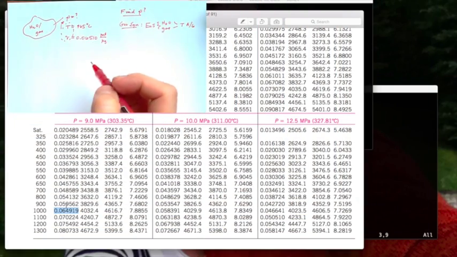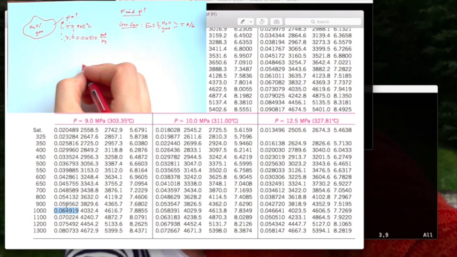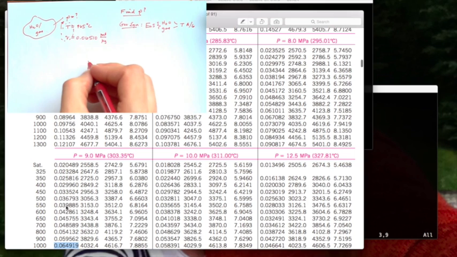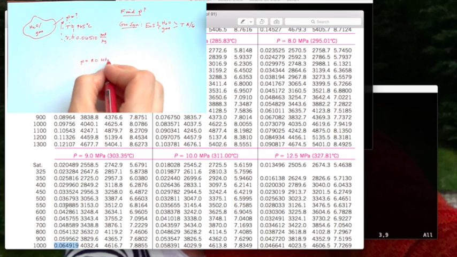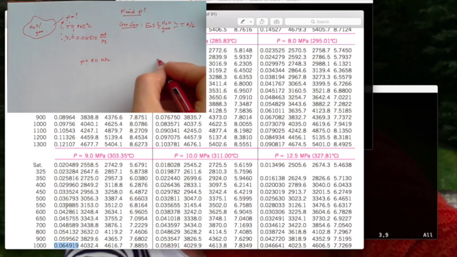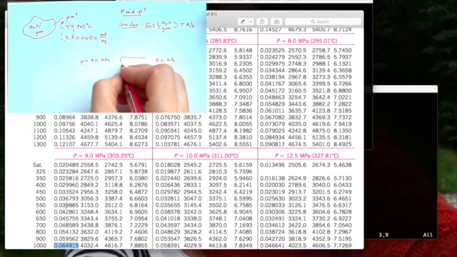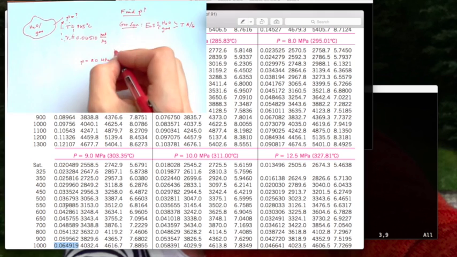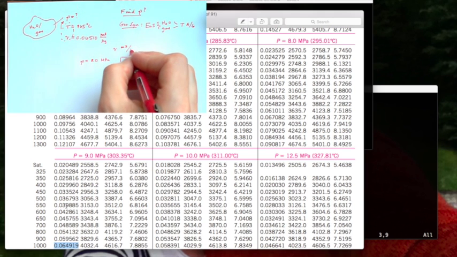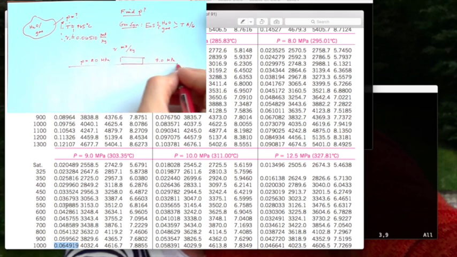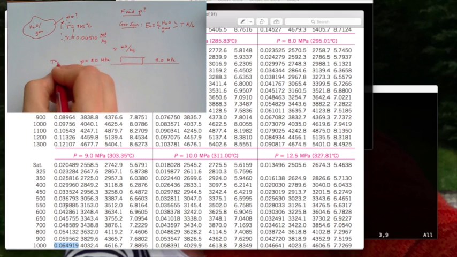So let's make a table to make this very clear. We would have pressure data at 8 megapascals, and then also pressure data at 9 megapascals, and we don't know the pressure that we're at. It's an unknown. What we do have are specific volumes given to us, and we've got some temperatures.